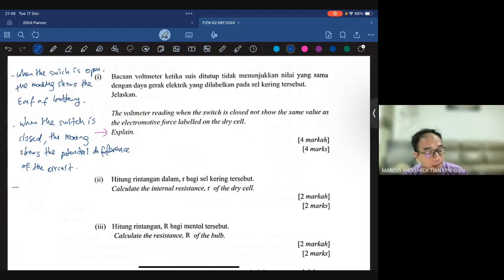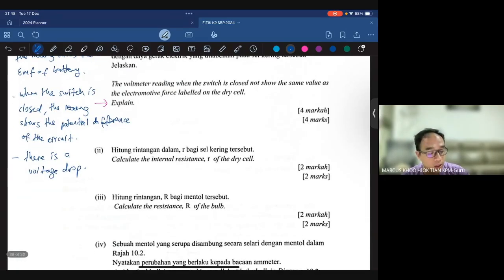So what happens there is a voltage drop. And you have to explain why there's a voltage drop. There's a voltage drop due to the internal resistance of the battery.